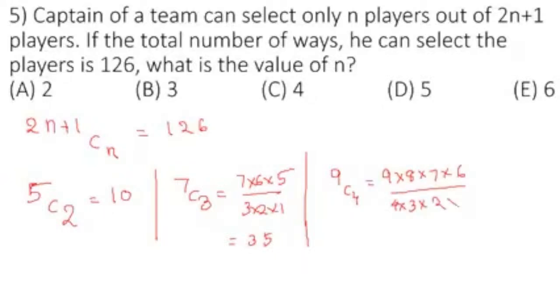Cancelling the possible terms, 9 into 7 into 2 gives 126 ways. So we are getting 126 ways for n value 4 here. That's why the answer is n equal to 4.